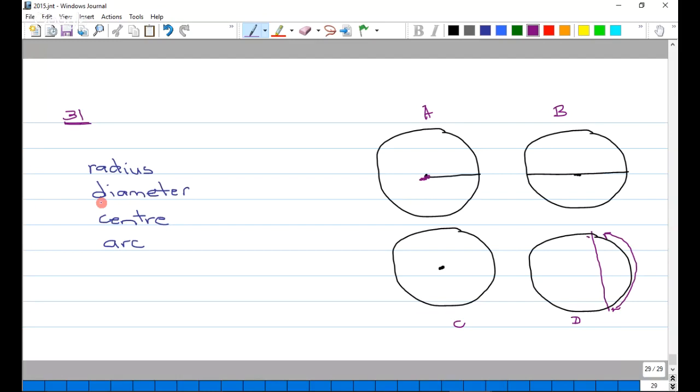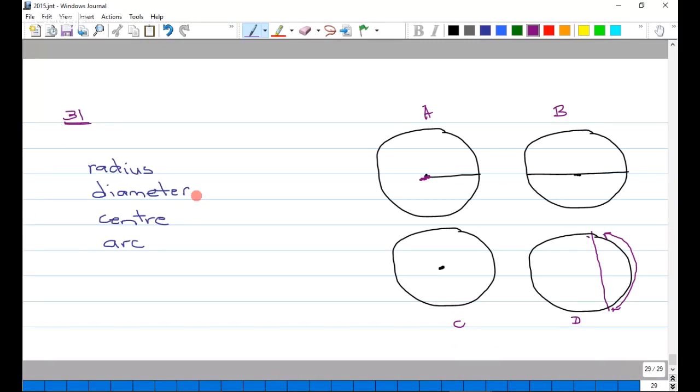The diameter. The diameter is B. What is the diameter? I don't know the definition, but I can tell you what they are. It's a special chord. The diameter is a special chord that passes through the center of the circle.